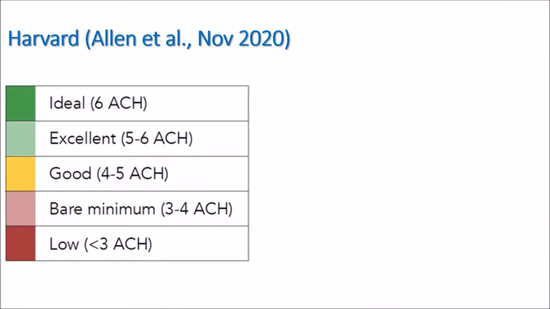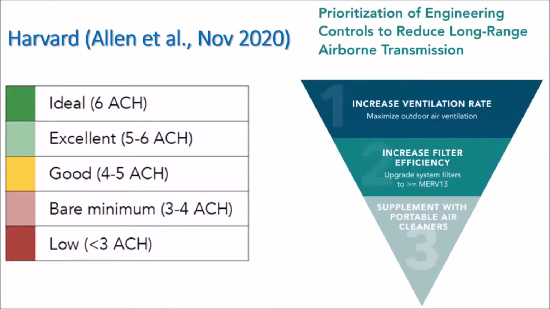I think a lot of you who have been looking at ventilation in schools have noticed the Joseph Allen criteria. It's been spread quite far and wide. Also, he has a prioritization where he suggests that increasing ventilation rate is the number one way to improve the air quality.